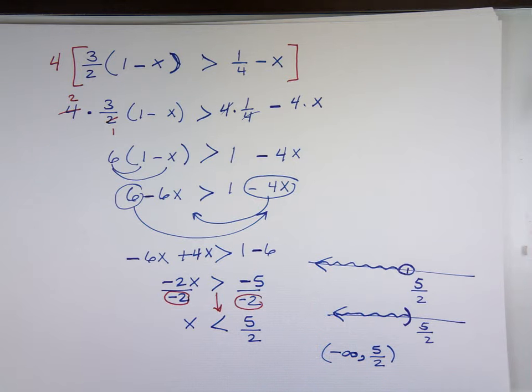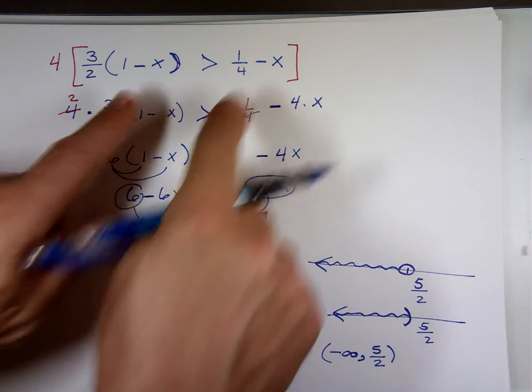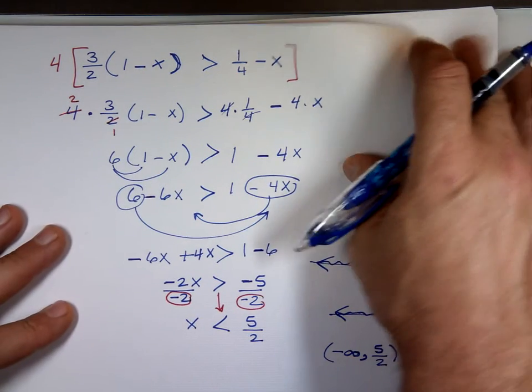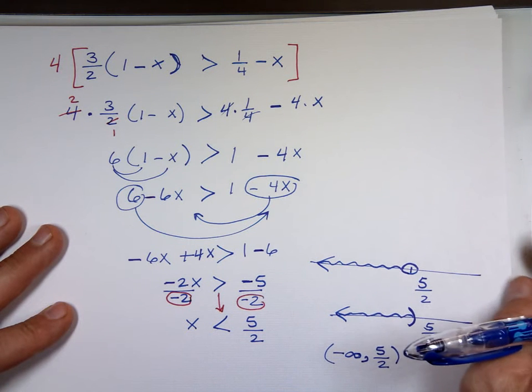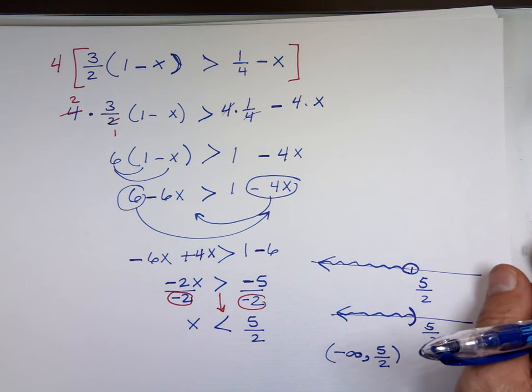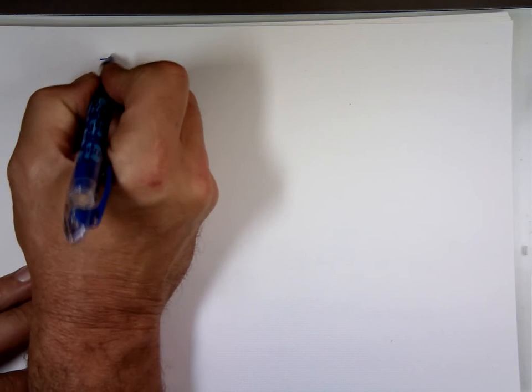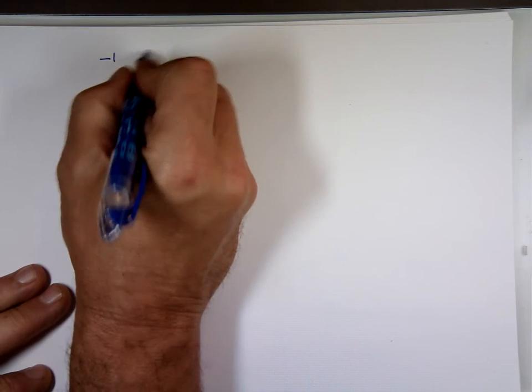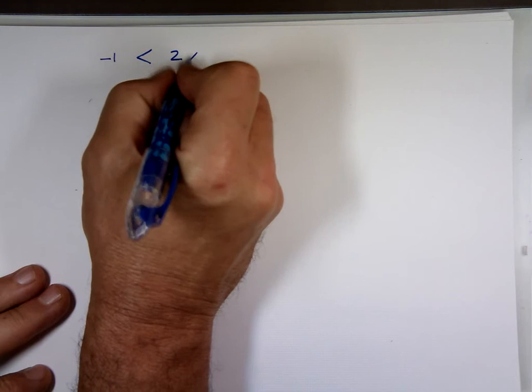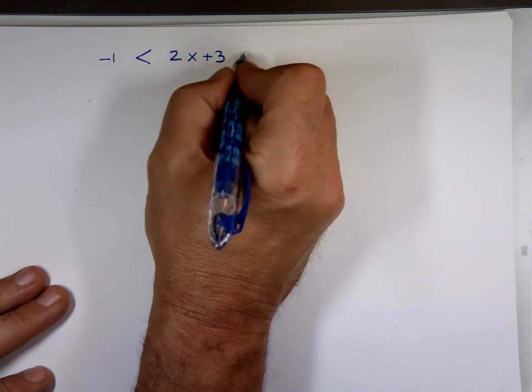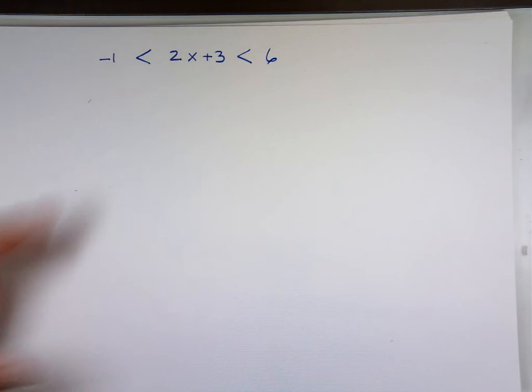Okay. What are you going to do if you have a compound inequality? What does that mean? Instead of just 2 sides, you have 3 sides. So we have -1 less than 2x plus 3 less than 6. You're not going to see less than, greater than.